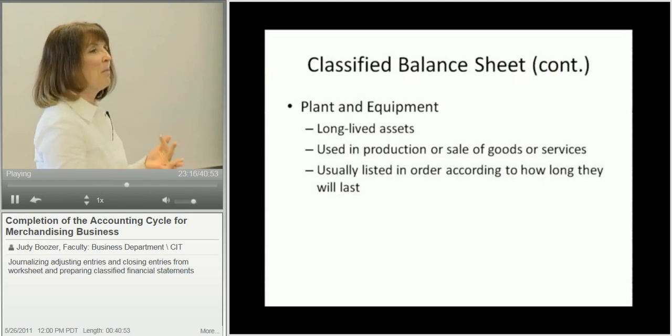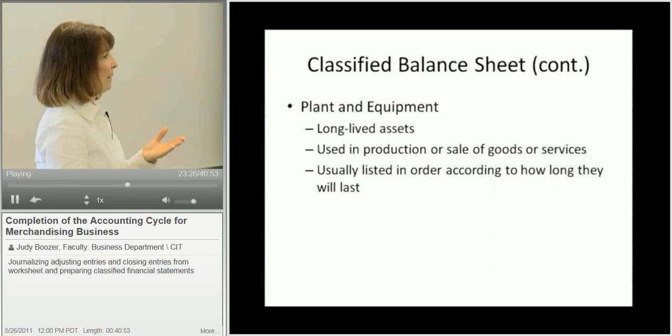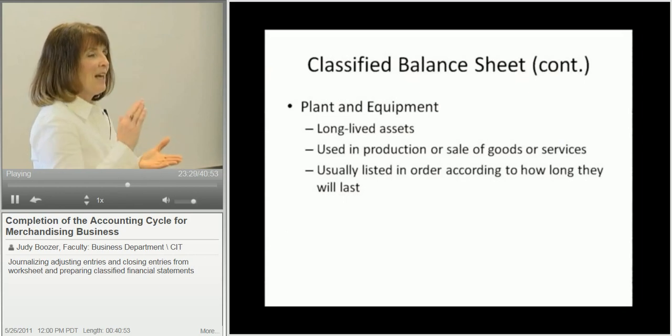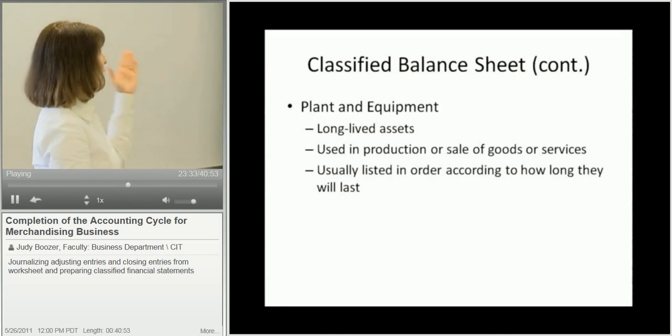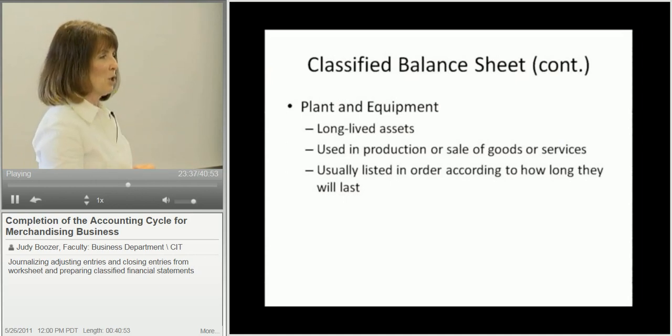Vehicles, equipment, buildings, anything that's longer term in nature. Good one. The only things you can depreciate are those that last longer than a year. So anything listed under plant and equipment could possibly be depreciated also.